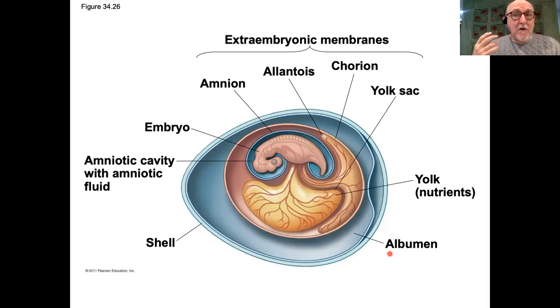So the amniotic egg freed organisms from that requirement and allowed them to penetrate far onto land, with obviously they still need water, as every living thing does, but their reproductive strategies now usually entailed some sort of internal fertilization. That's number one.